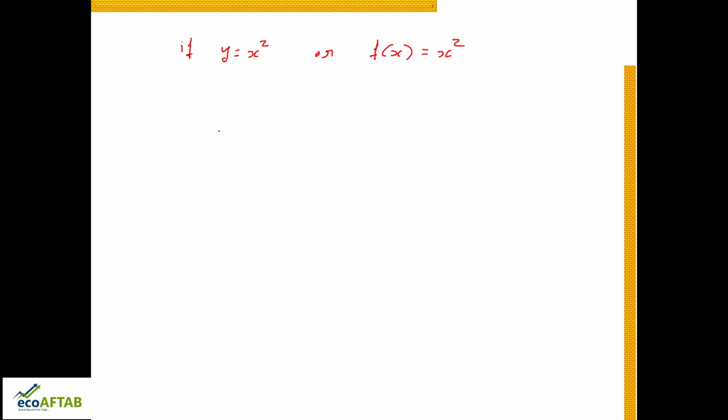Friends, first I would like to write down the formula. y prime is equal to limit as h tending to 0, f of x plus h minus f of x, the whole divided by h. So this is our formula to find the derivative.